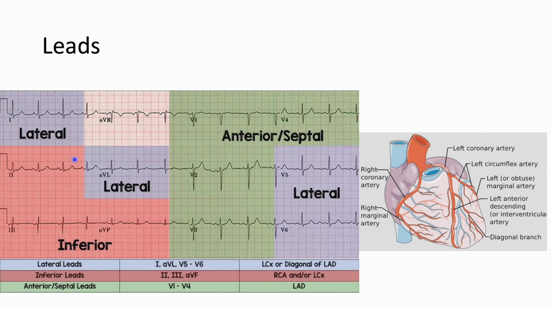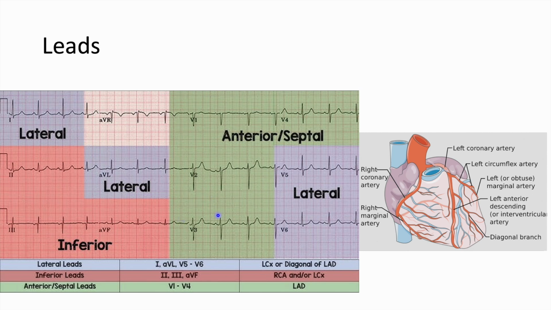So when you think of these leads, if you see indications for an infarction in your inferior leads, that's going to be a good indication that you likely have a right coronary artery infarction. It could also be left circumflex because some people have a left dominant heart, so it can get a little tricky, but generally for the purposes of step one and exams like that, when you see inferior, you want to think of your right coronary artery.